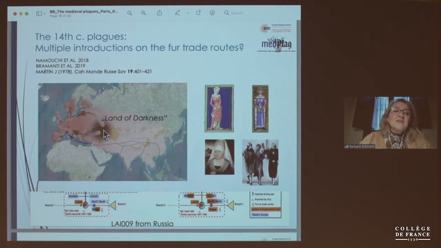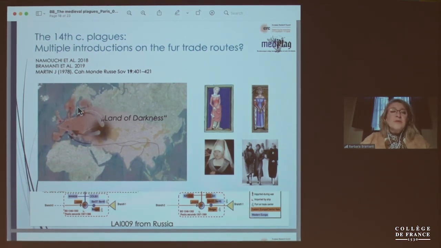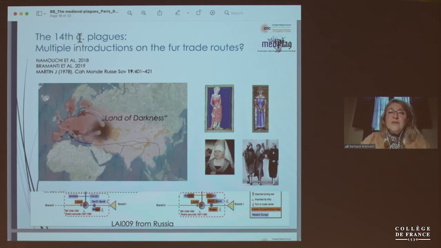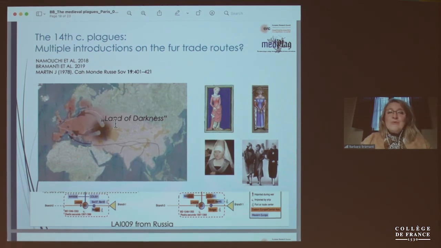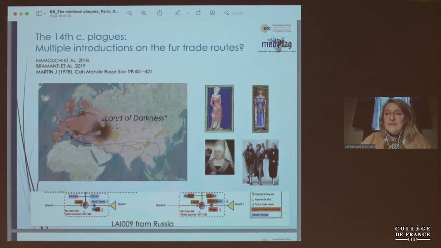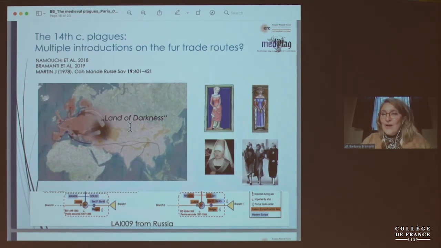And we have seen that there were two principal routes, from the south and from the north, which can justify the presence of the plague during the 14th century, not only during the Black Death, but also in a later period. And that means that these strains are closer to the place where the main reservoir of branch 1 was placed.